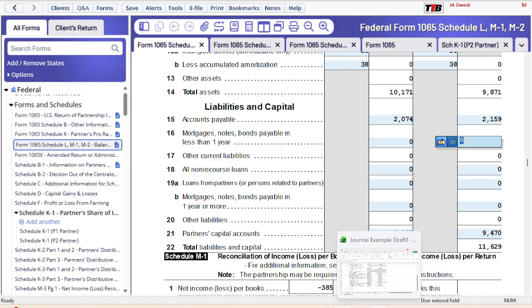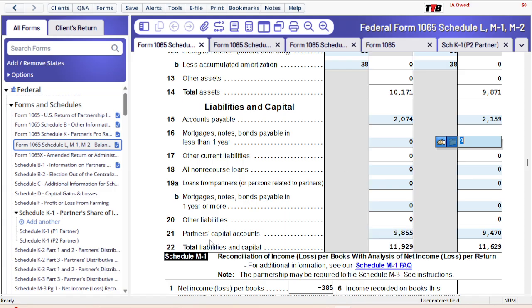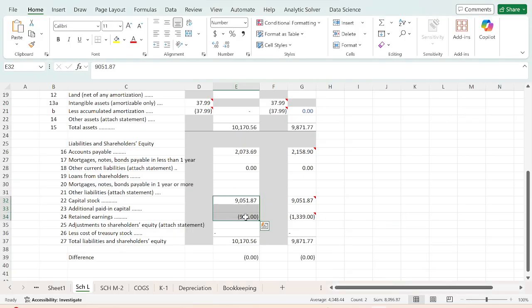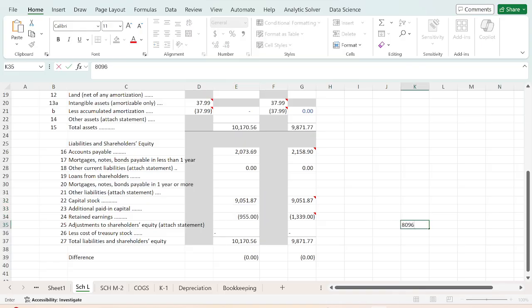So therefore, the way I understand it, line 21, partner capital account, I'm going to group both, and it's going to be 8096, 8096, 87.